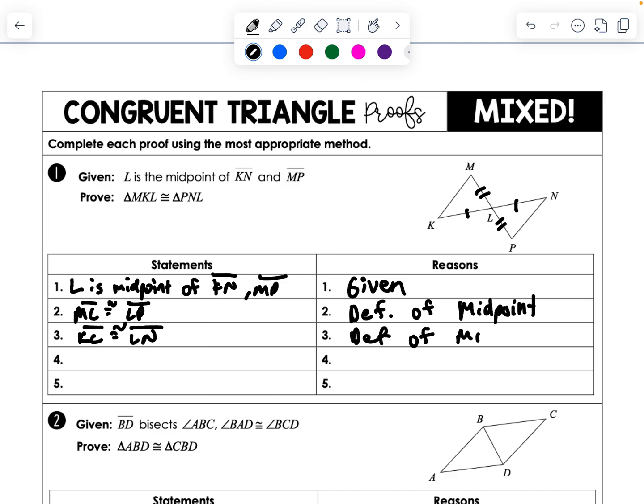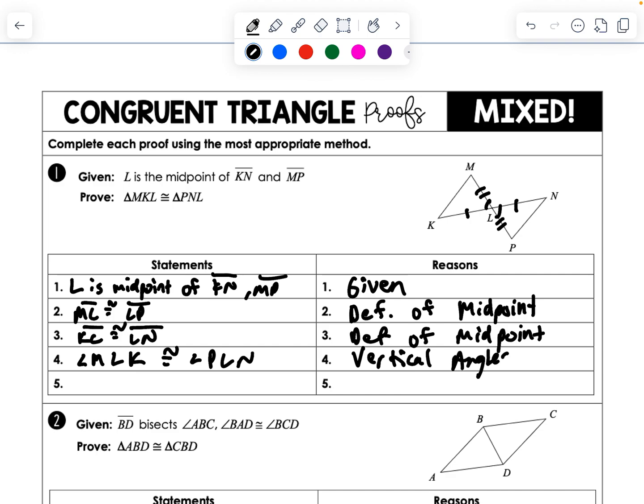Now, as I look at this triangle, the only other thing I can do is talk about vertical angles. So I can go ahead and say that angle MLK is congruent to angle PLN by vertical angles.